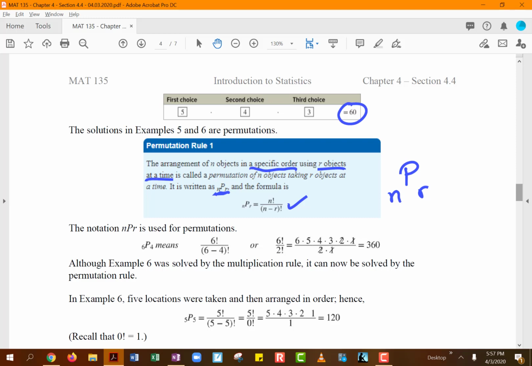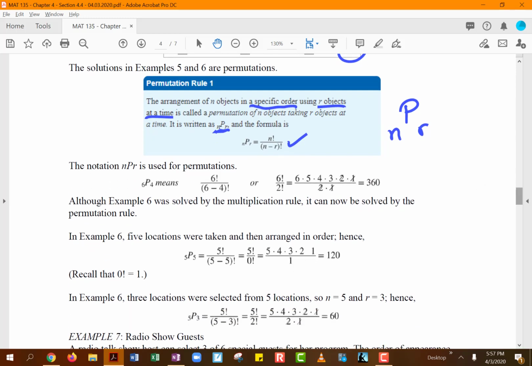Okay, so just to show you how this formula works, let's say out of a total of 6 options, we are only choosing 4. So that's going to be 6 factorial divided by 6 minus 4 factorial. And I kind of like how they have broken this down, right? So 6 factorial, of course, would be 6 times 5 times 4 times 3 times 2 times 1, which is our numerator. 6 minus 4 would, of course, give you 2. So that's 2 factorial, which is 2 times 1.